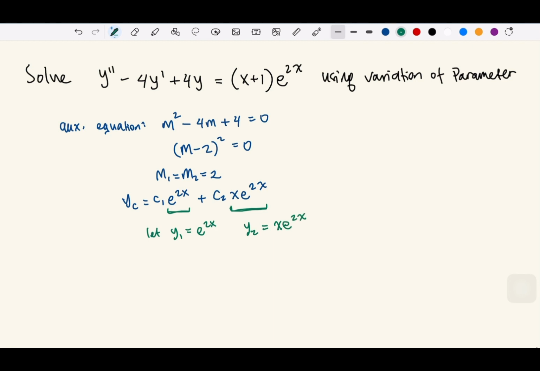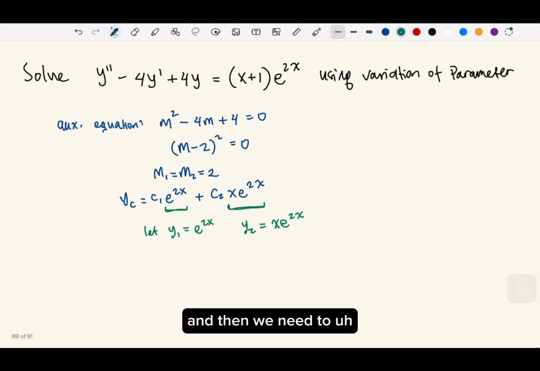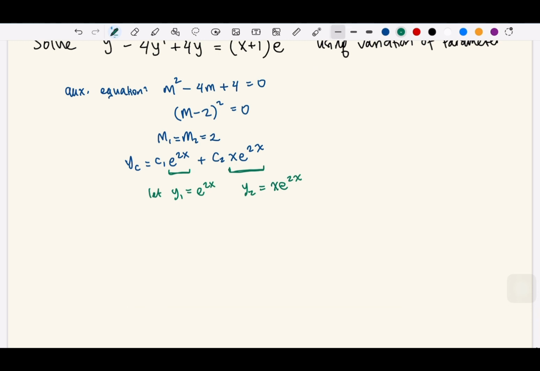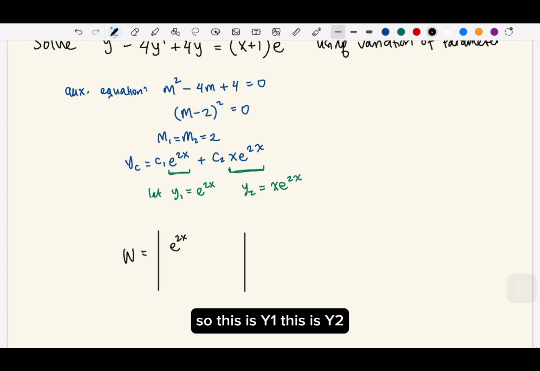Okay. And then we need to describe this y1 and y2 in Wronskian. So let's write the Wronskian determinant. So this is y1, this is y2.